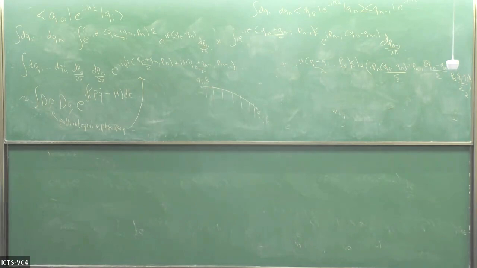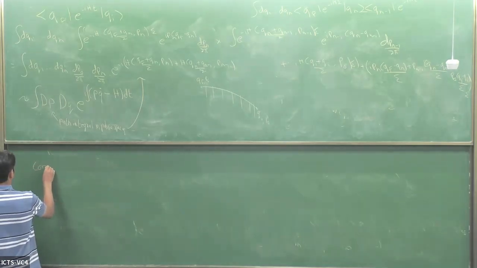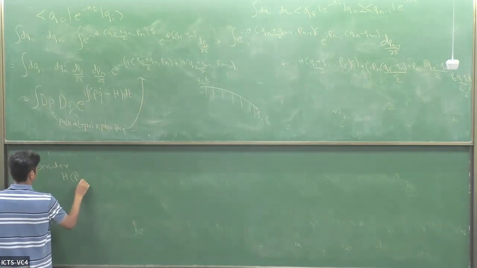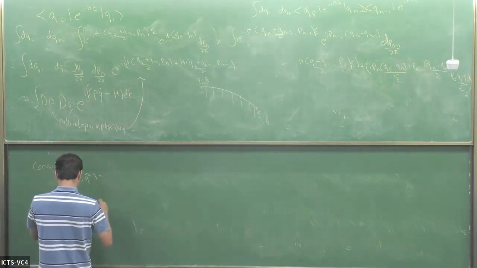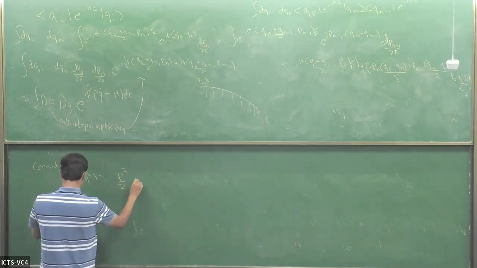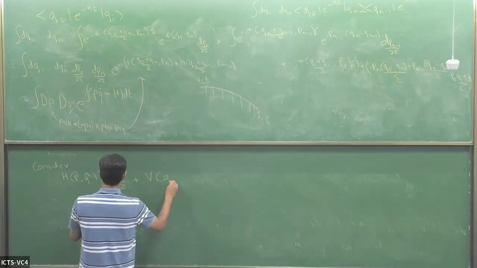Now, it is often the case that the Hamiltonian is of the form that I'm about to write down. But what we are now going to do, which is write things in terms of an action, is slightly less general. So consider H to be of the form p squared over 2 plus some V of q.